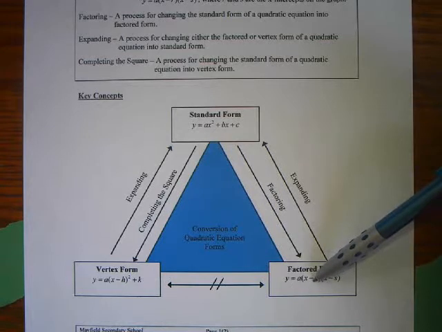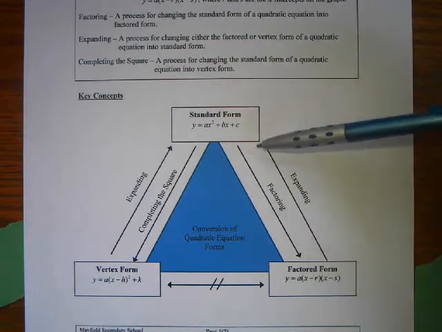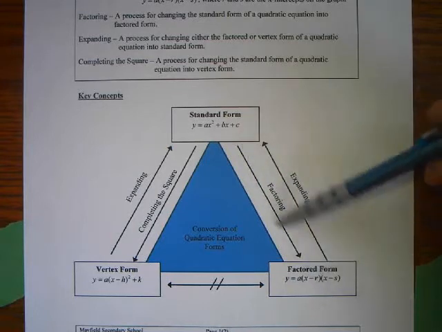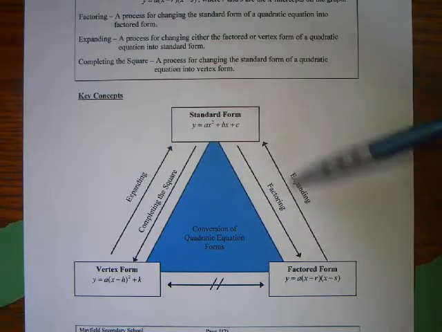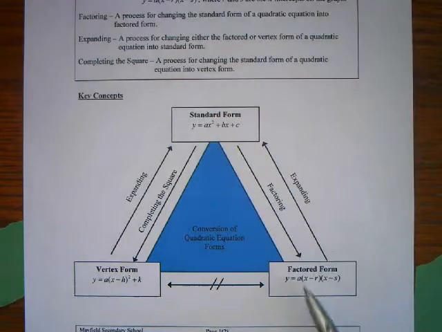If you need help with that, I'll be online Tuesday and Thursday this week. So make sure if you have questions that you get on and ask them before the assignment's due, or you can talk to your friends as well. So factoring, this is a Unit 1 process, just like expanding was. If I want to go from factored form to standard form, I expand. I just do my FOIL here and then multiply everything by whatever a happens to be.